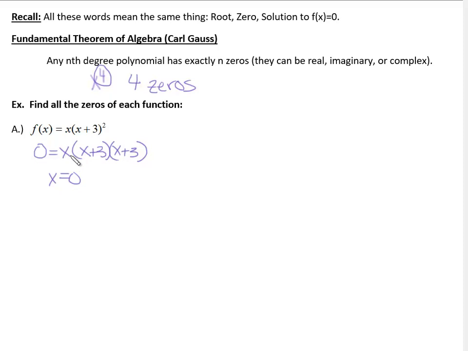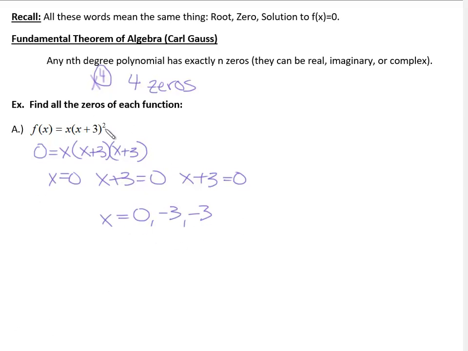Either x equals 0, or x plus 3 equals 0, or the other x plus 3 equals 0. Solving all of these, we get that our 3 solutions are x equals 0, negative 3, and negative 3. Alright, so these are our 3 zeros.